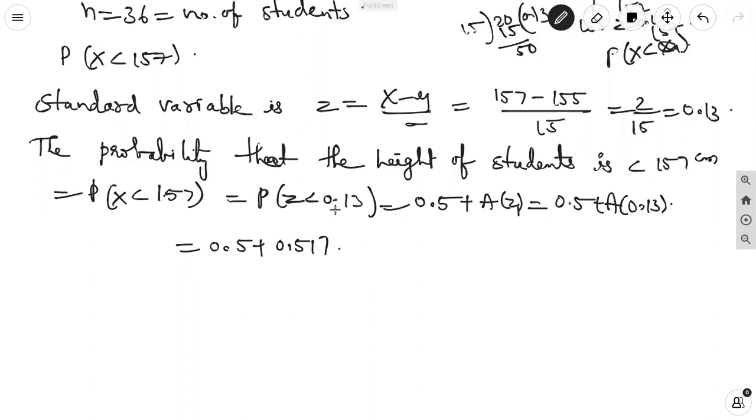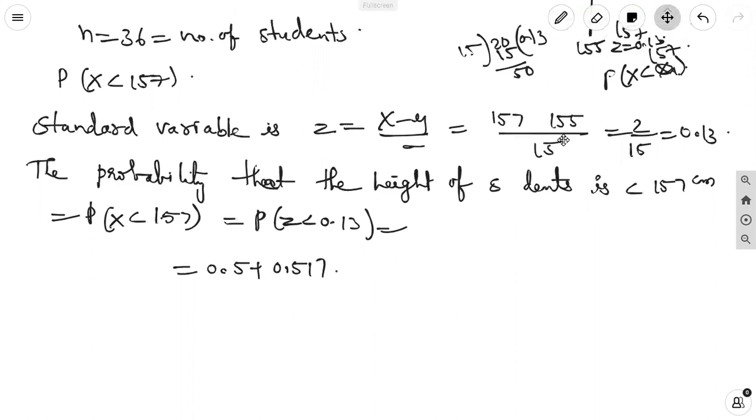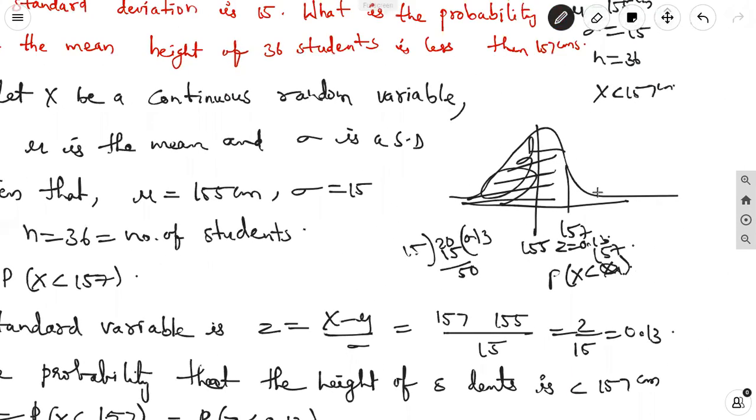Here, Z is less than 0.13 means this is indirectly the Z lies in between Z equal to 0 and Z1, that is less than means we can take it as 0.5 to 0.